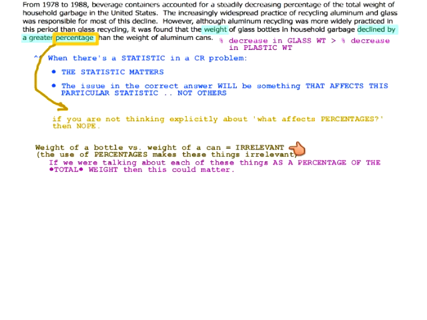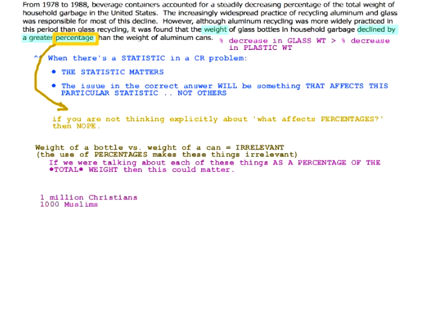I wouldn't call it a distraction because it's not really a distraction. It's kind of the whole point of the problem to get you to think about what percentages measure and what they don't. So let's say you have a town, and let's say the town currently has 1 million Christians, and the town currently has 1,000 Muslims.